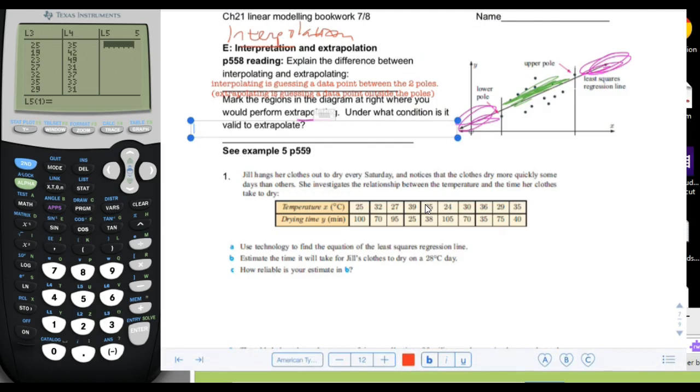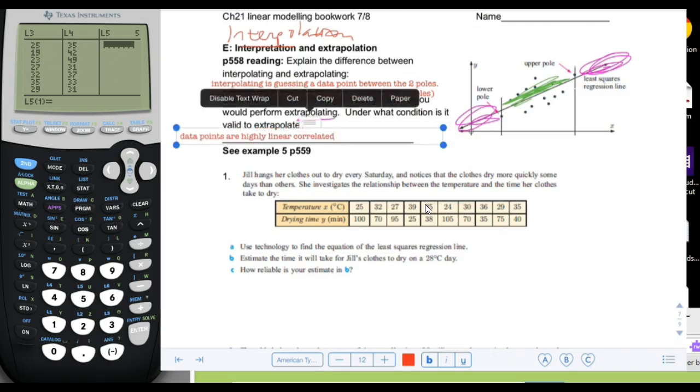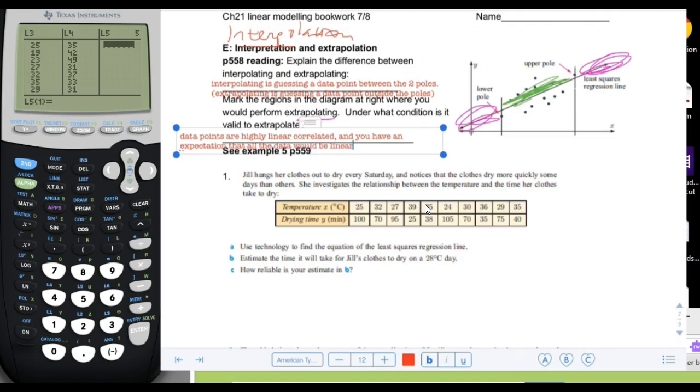So let's say your data points are highly linear correlated, okay? And you have an expectation that all the data would be linear, okay?